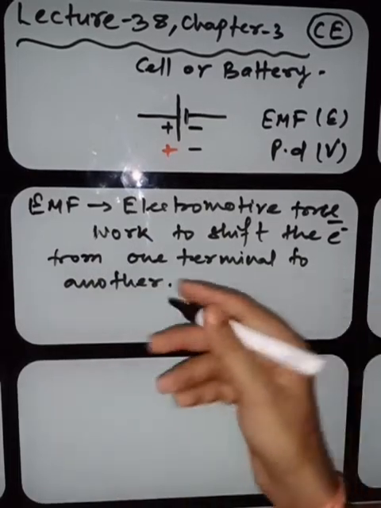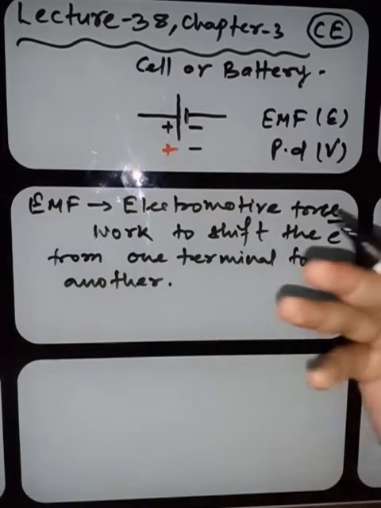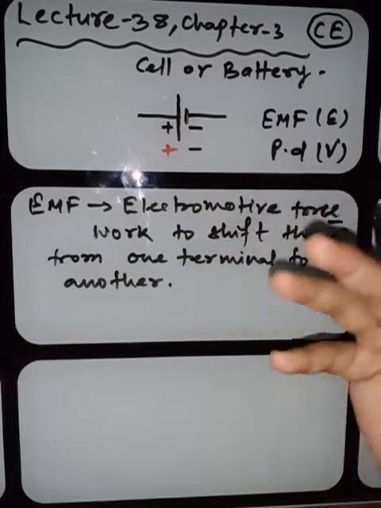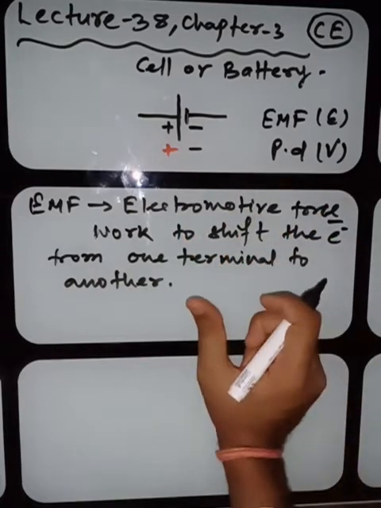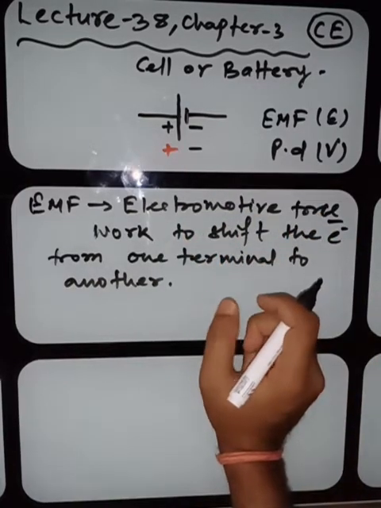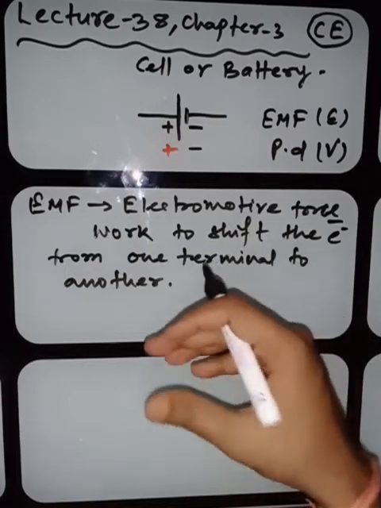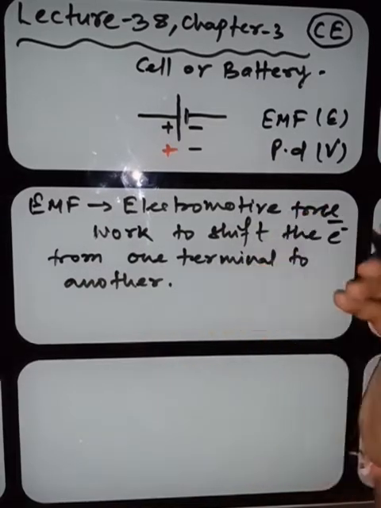The electron moves from one terminal to the other and does some work, and that is the electromotive force. The electromotive force motivates the electron to move from one terminal to another terminal of a cell.